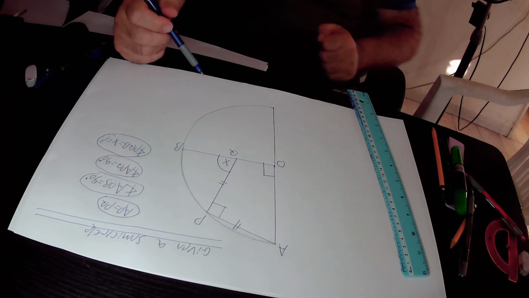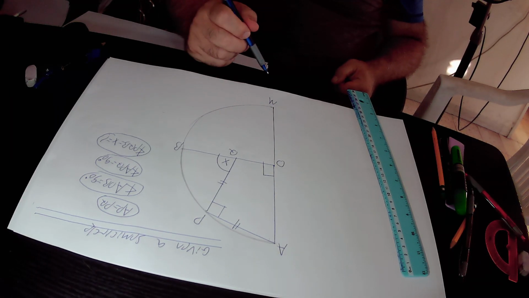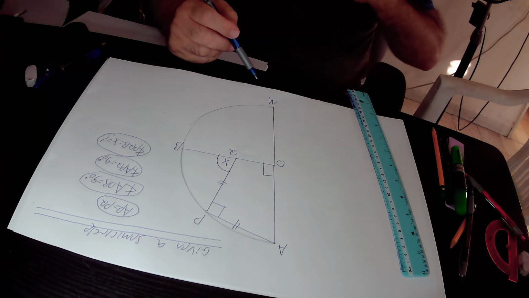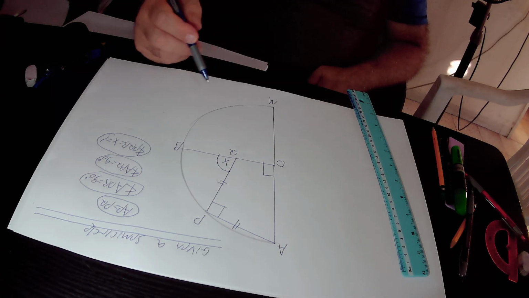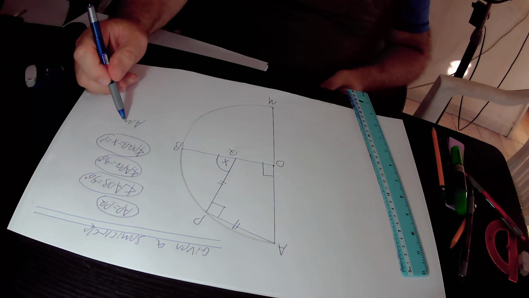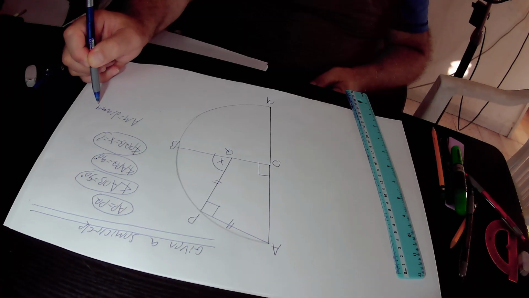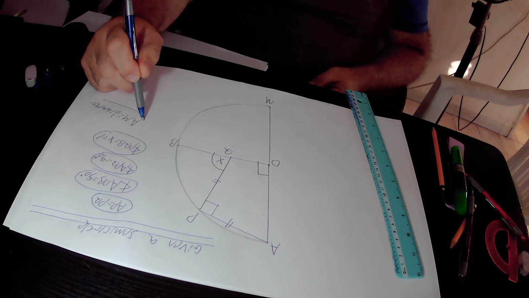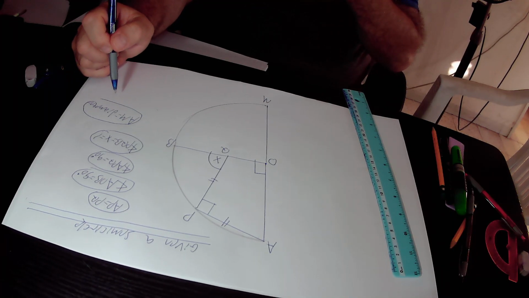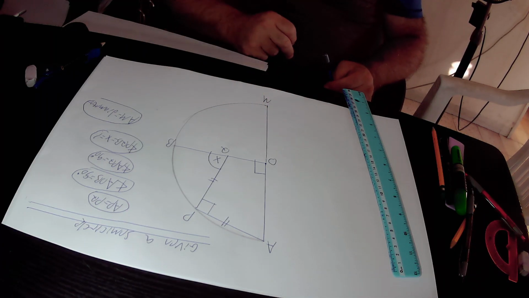And we define this point as point M. Okay, this is a semicircle, and therefore AM is the diameter of the semicircle. So I have to know AM is the diameter of the semicircle according to our construction. So AM is the diameter, it is absolutely a straight line.